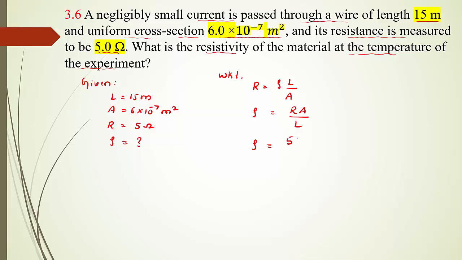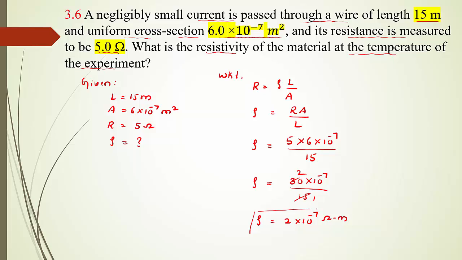R value is 5 ohm into area is 6 into 10 raised to minus 7 divided by length is 15. So rho equal to 5 into 6 will be 30. 30 into 10 raised to minus 7 divided by 15. 15 ones are 15 twos are 30. So rho equal to 2 into 10 raised to minus 7 ohm meter.